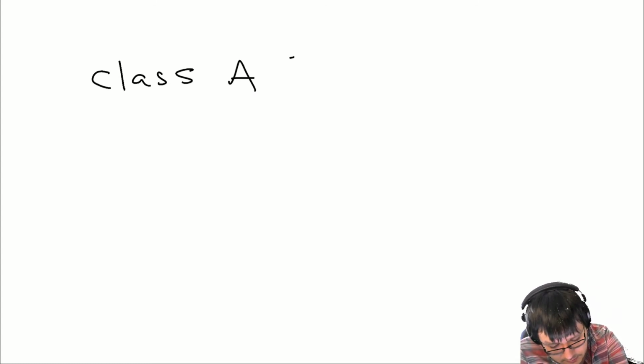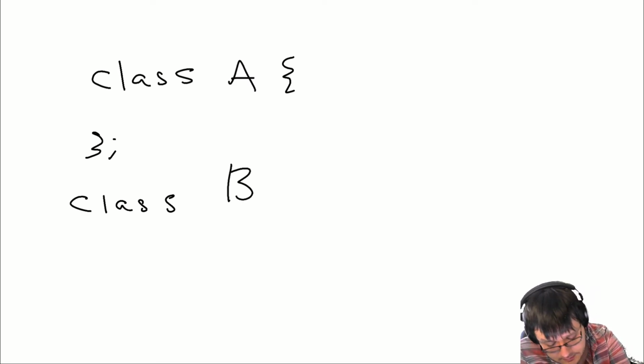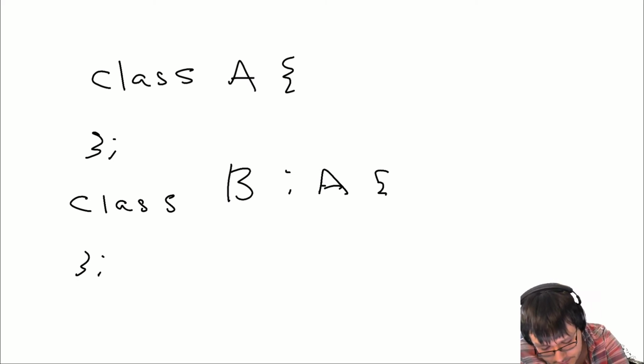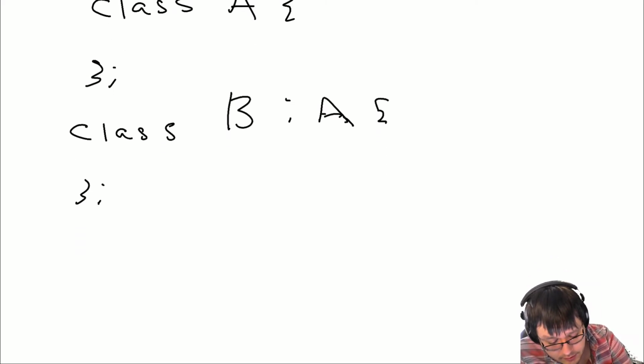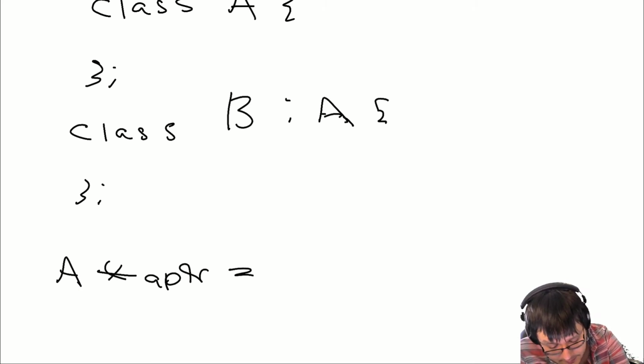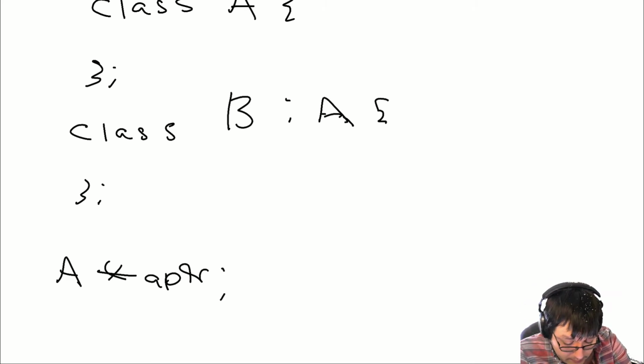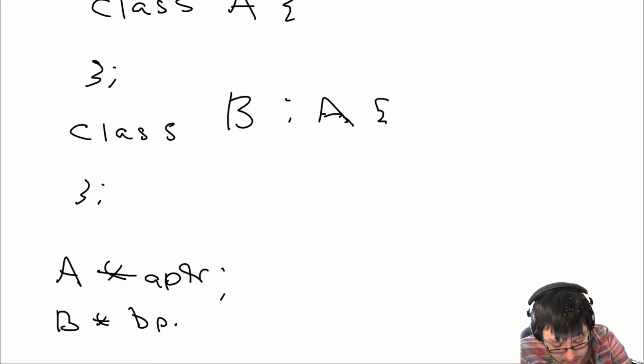So if we have a class A, and we have a class B that inherits from A, like that, I've been showing you that you can do something like APTR, which is a pointer of A class, and then I could have a BPTR, which is a pointer of B class, and also can have objects of A and B, like actual objects, right?